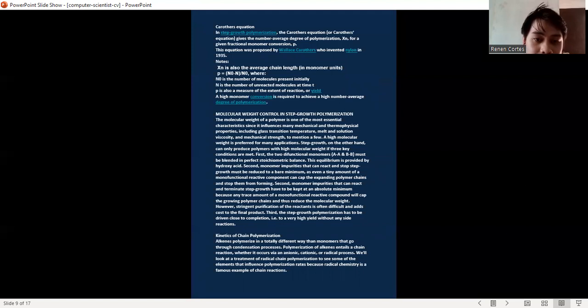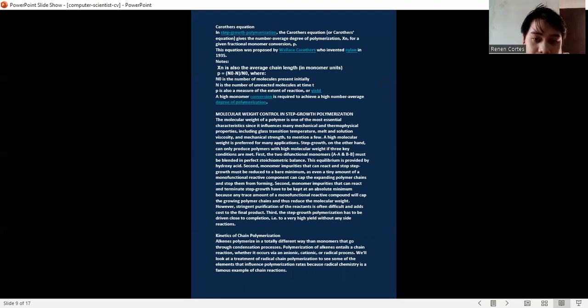So xn, which means the average chain length in monomer units, and P is equal to (n0 minus n) divided by n0, where n0 is the number of molecules present initially, and n is the number of unreacted molecules at time t. P is also the measure of the extent of reaction or yield, and high monomer conversion is required to achieve a high number average degree of polymerization.